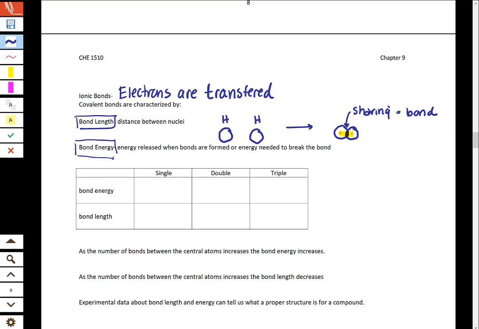And so right now, what we want to know is that there is a trend in bond energy and bond length. If we look at a single to a double to a triple bond, and we're increasing the number of bonds between two atoms, the bond energy increases.